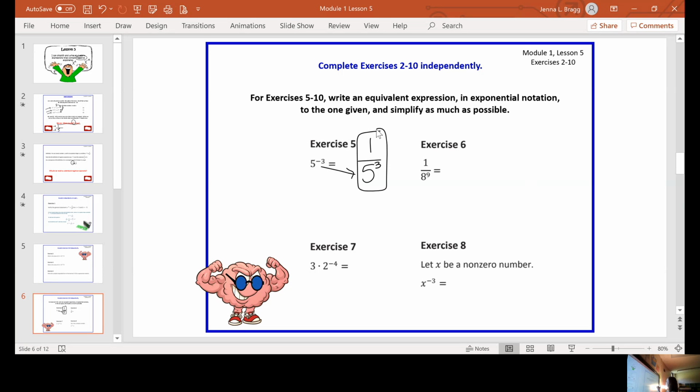Now look at exercise 6. We start out with our base and exponent in our denominator. So exercise 6 is just the opposite of exercise 5. If I start out with my fraction, then I'm transferring that to find an equivalent expression. This will be 8 to the negative 9th power.